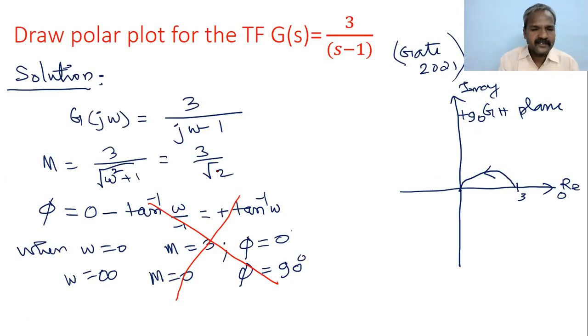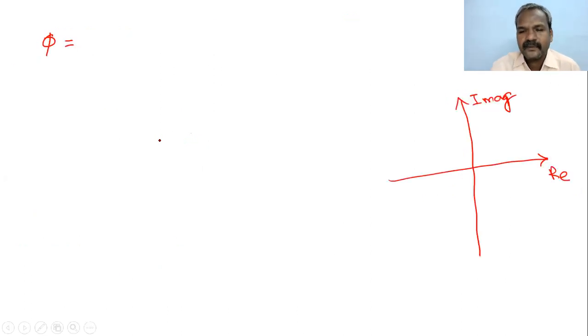The denominator is minus 1 plus j omega. So where is minus 1? On the negative real axis, this side. Then j omega is just omega. So omega is somewhere here. Understand?